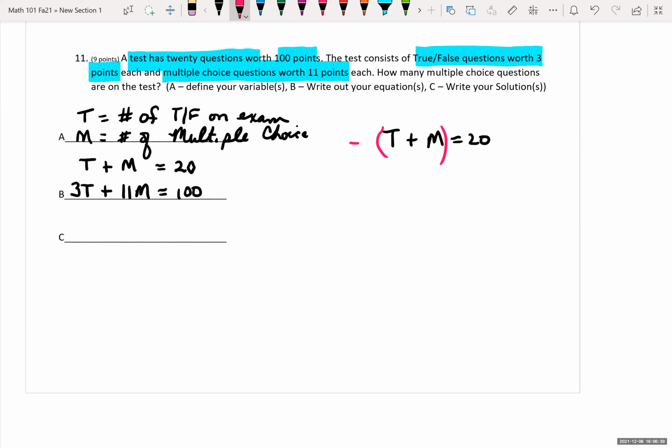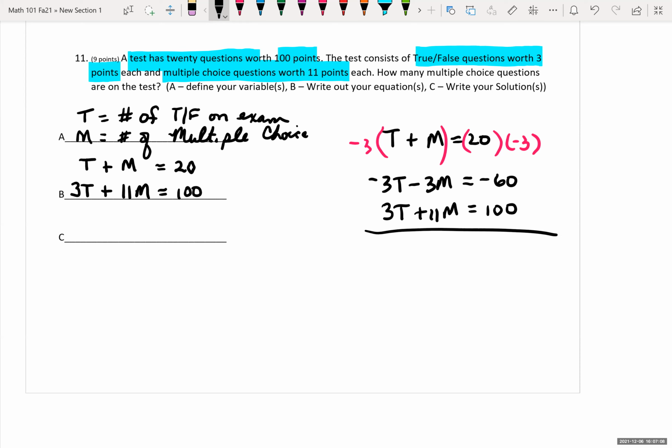Then when we sum it with the other equation, the T will go away. Distributing the -3, we get -3T plus -3M equals -60. Then adding it to the other equation, 3T plus 11M equals 100.